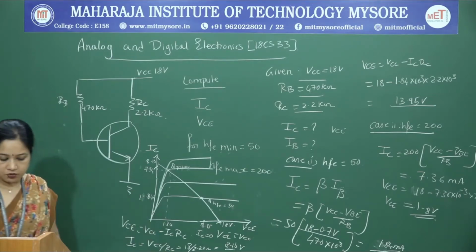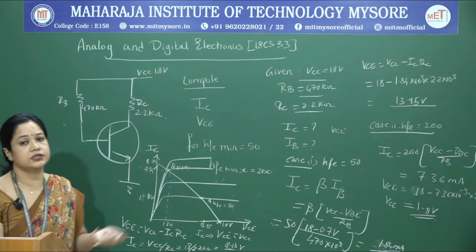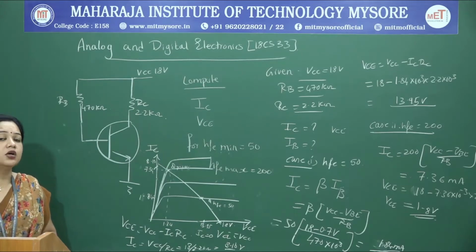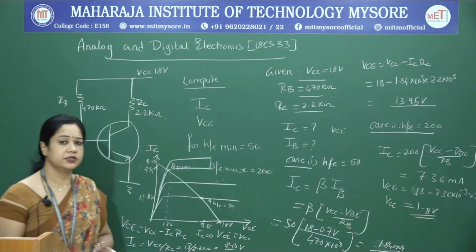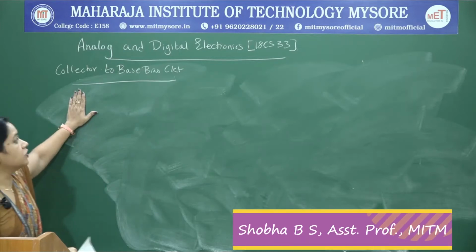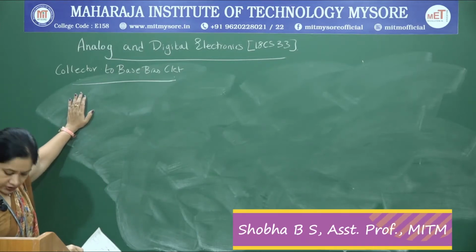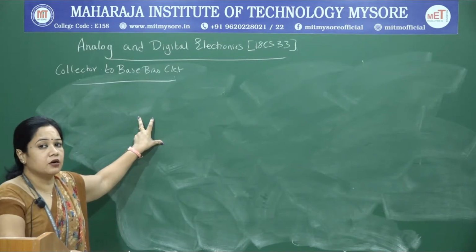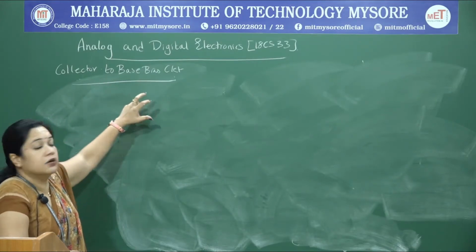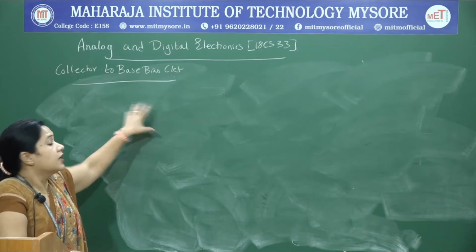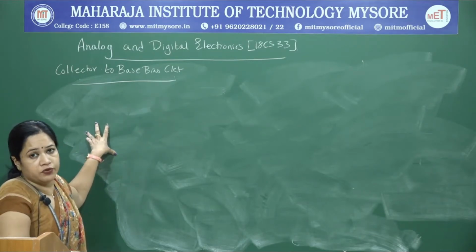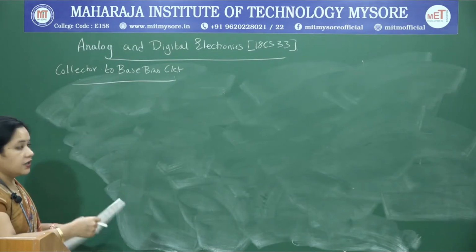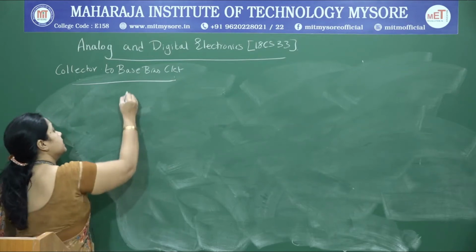Now we will move on and take up the next biasing circuit, that is the collector to base biasing circuit. As the name indicates, the bias voltage is obtained by a resistor connected from the collector to the base of your circuit, and the circuit looks something like this.